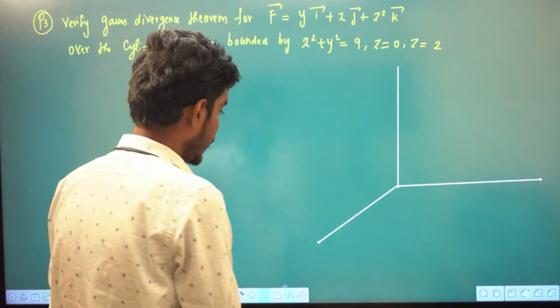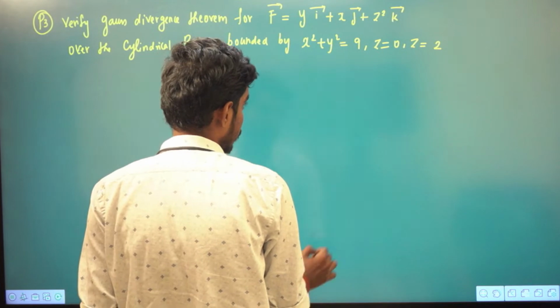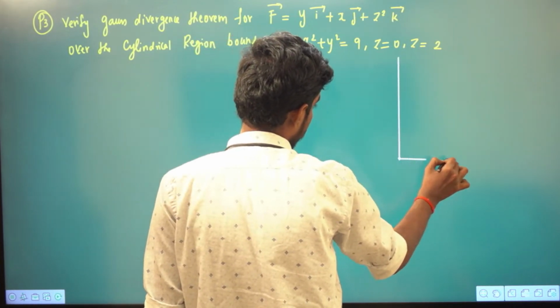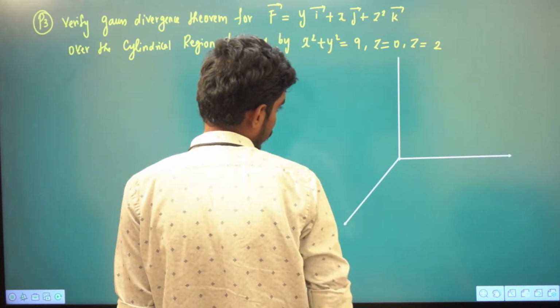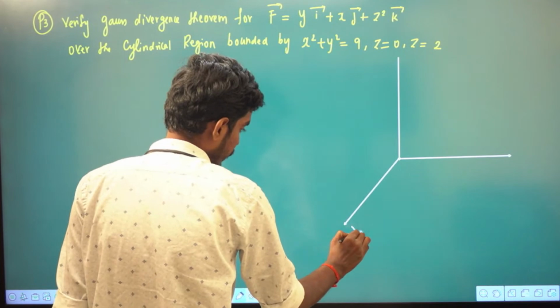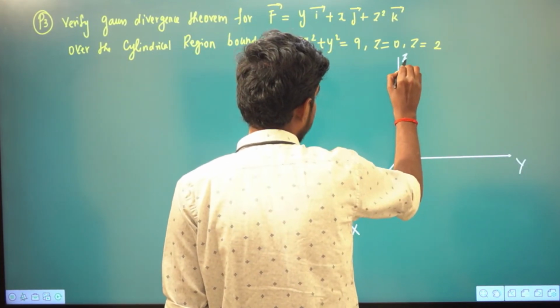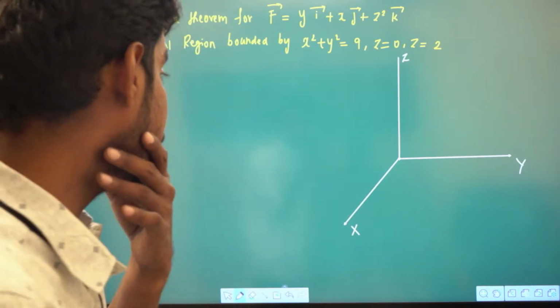Yes, so we have our x-axis, y-axis, and z-axis. Right? Let's call this as our x-axis. This is our y-axis. This is our z-axis. Right? Now we have a cylinder.